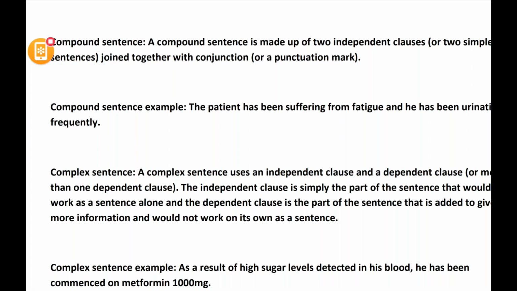So because his blood sugar was high, that's why metformin was given. Now look at this sentence. One is an independent clause and the other is a dependent clause, which is dependent on the independent one. Now, which is the independent clause? Can anybody give me an example?